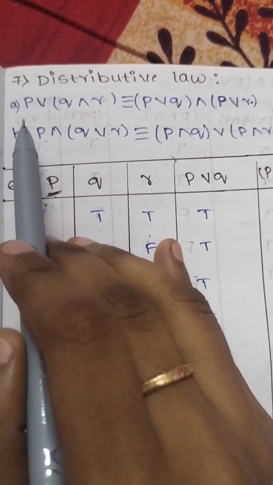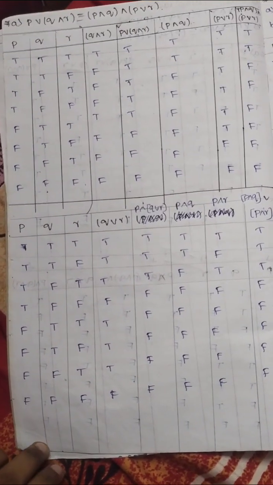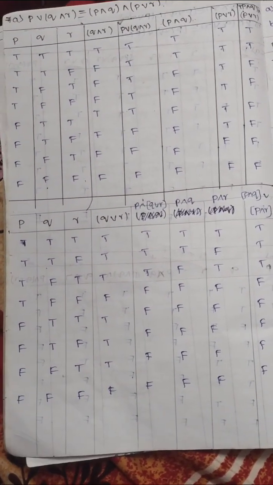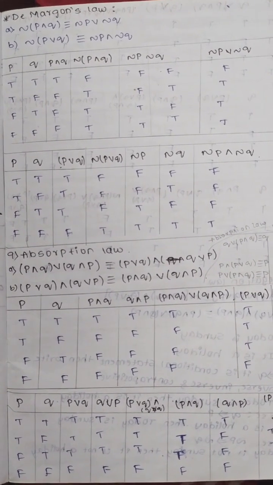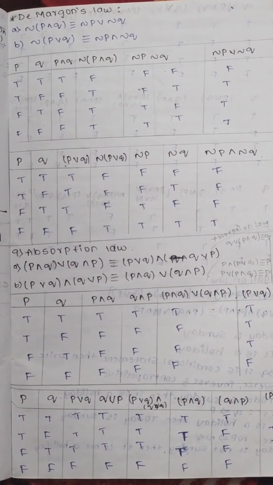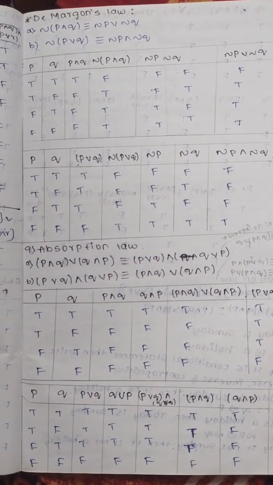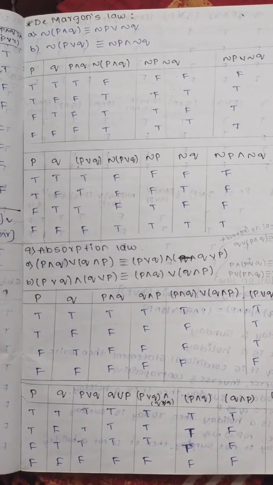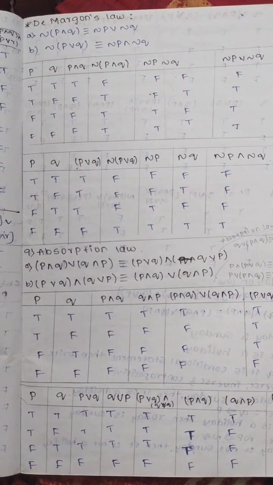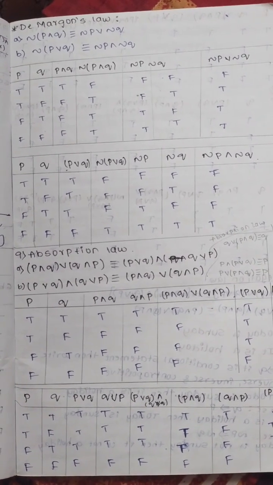Okay, again distributive law also has two properties. See here for distributive properties. In De Morgan's law also has two properties: negation of P and Q equivalence to negation P or negation Q. Next, second one, negation of P or Q equivalence to negation P and negation Q. Okay, negation means reverse.